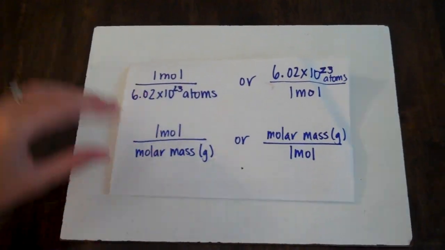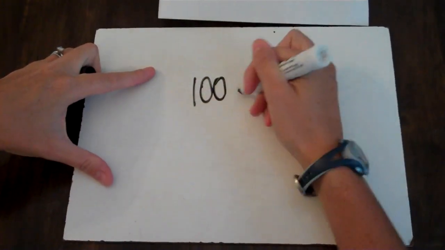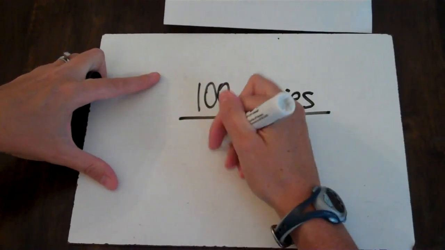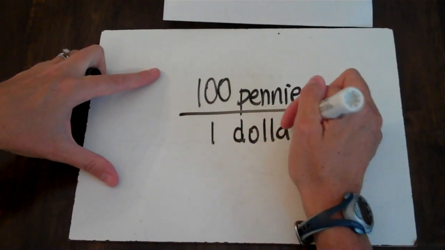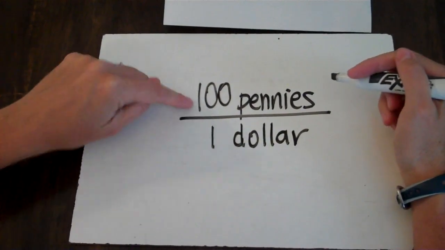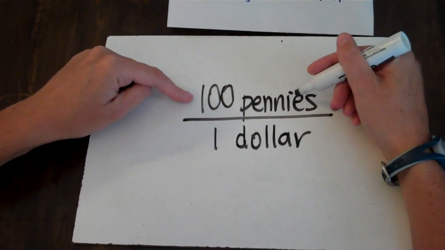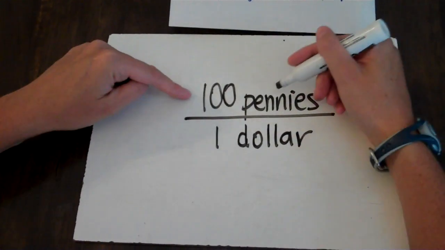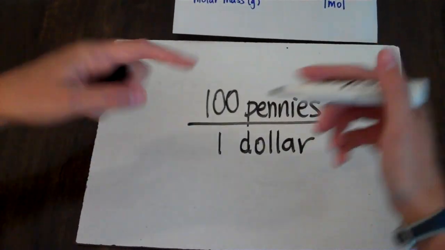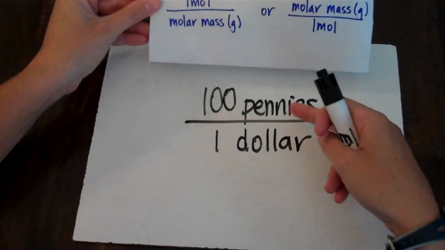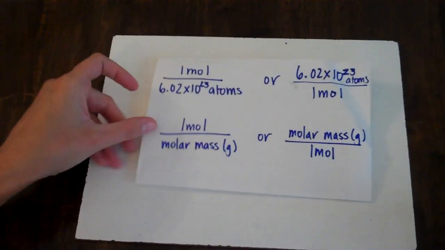For example, if I had 100 pennies, that would be the same as $1. Even though these numbers are different, these quantities are equal. So when you take $1 and divide by $1, or 100 pennies and divide by 100 pennies, either way, you need to realize that these ratios, just like this ratio, mean 1.